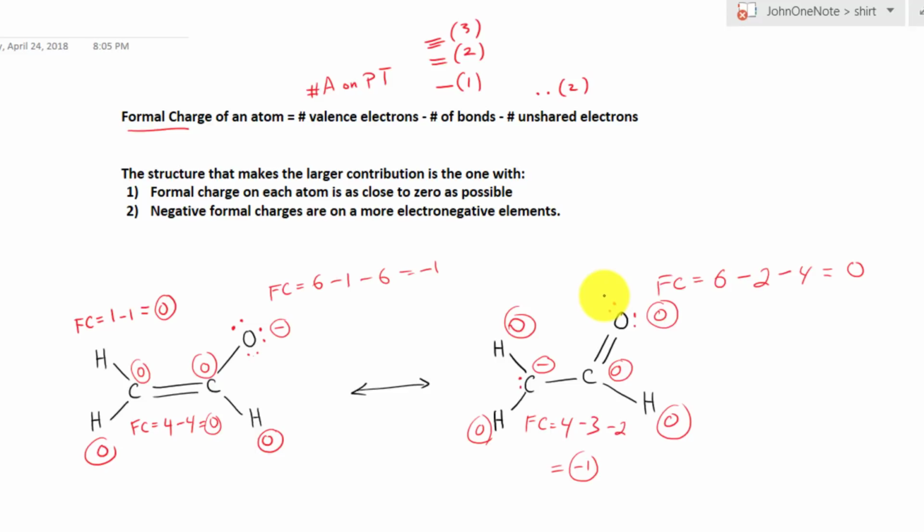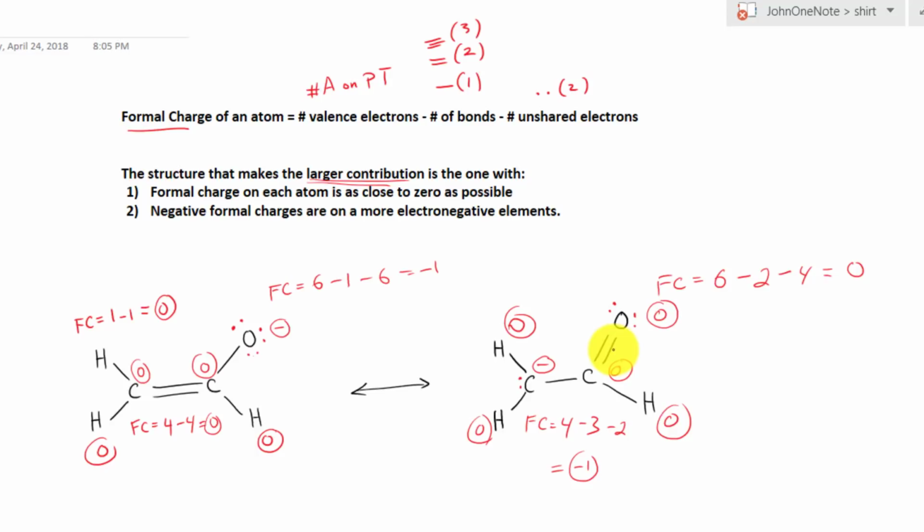And another way of saying that, which structure makes a larger contribution to the hybrid? And it's based on two things. First, the formal charge on each atom must be as close as possible to 0. So basically the one that has 0 formal charges will be the one more favorable or more likely to occur.